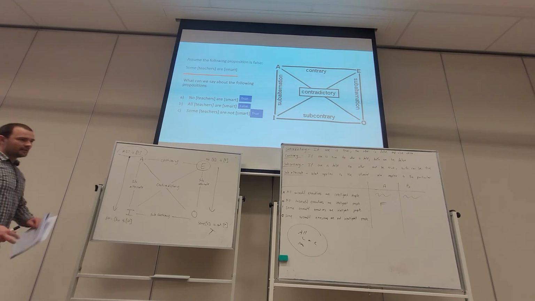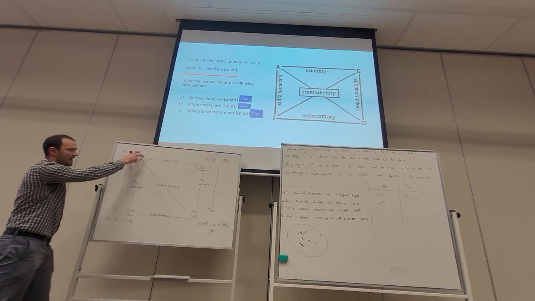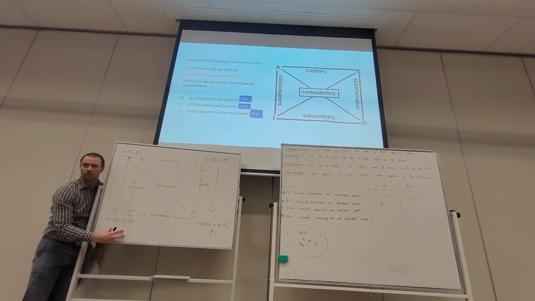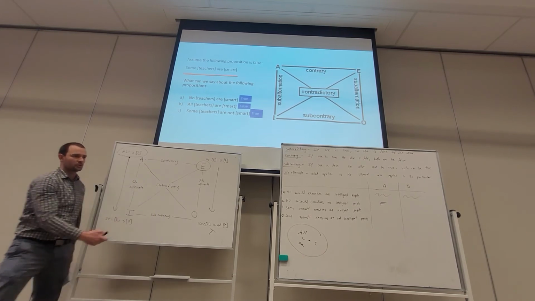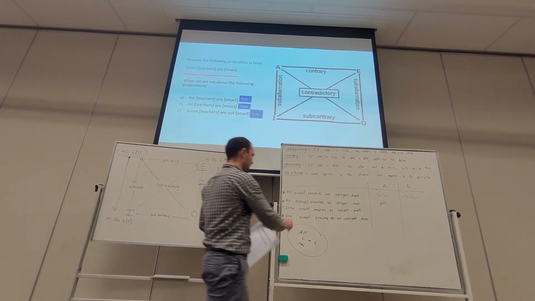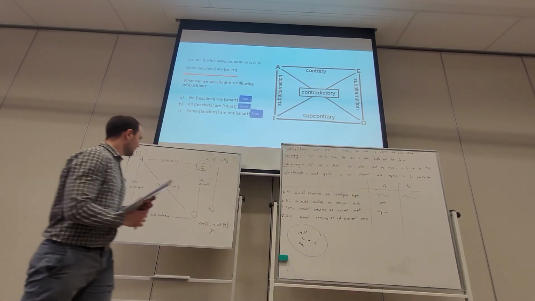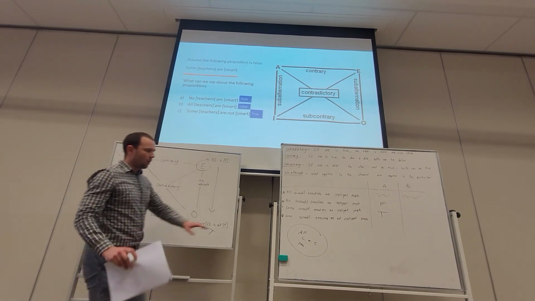All right, and then next we've got our I proposition. Okay, if A is true, I must be true as well, because truth flows down our square of opposition. Okay, so if A is true, then I has to be true as well. And then the last one is our O proposition.